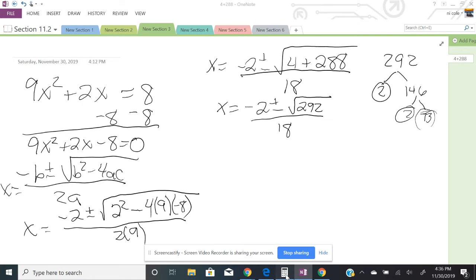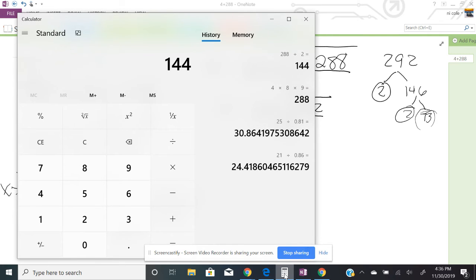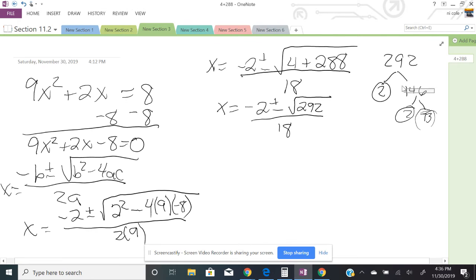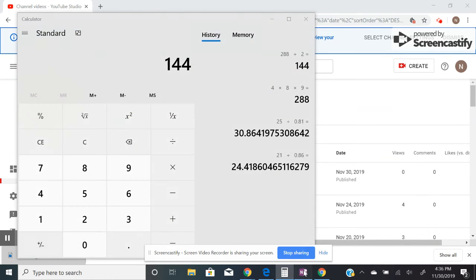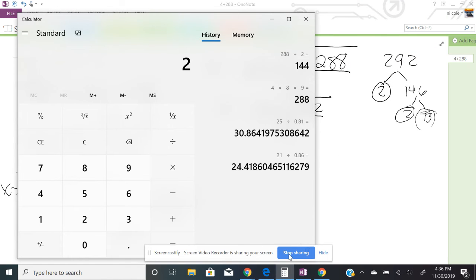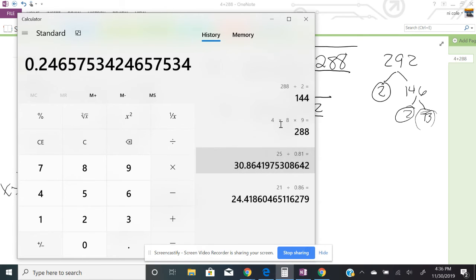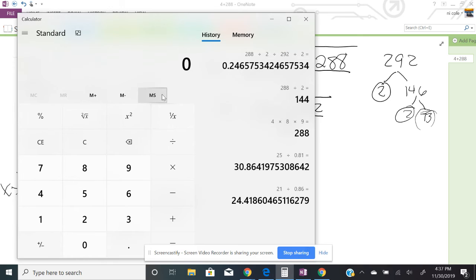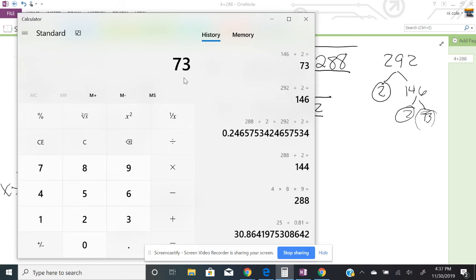Let me come to my calculator. 292 divided by 2, divided by 2, puts me at 73, and I'm pretty sure that's prime.